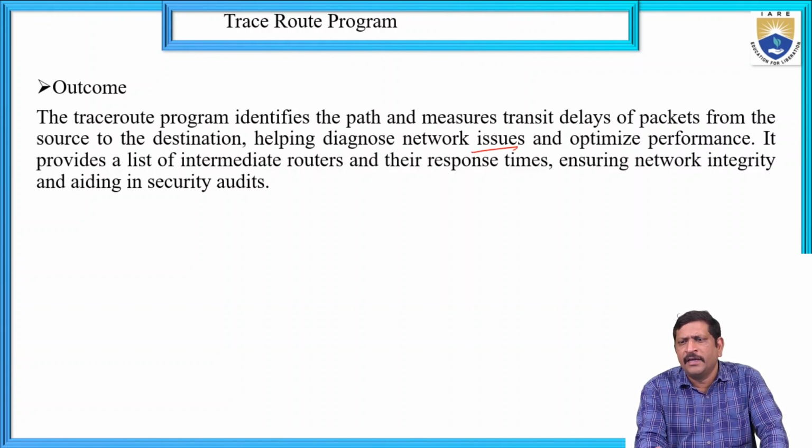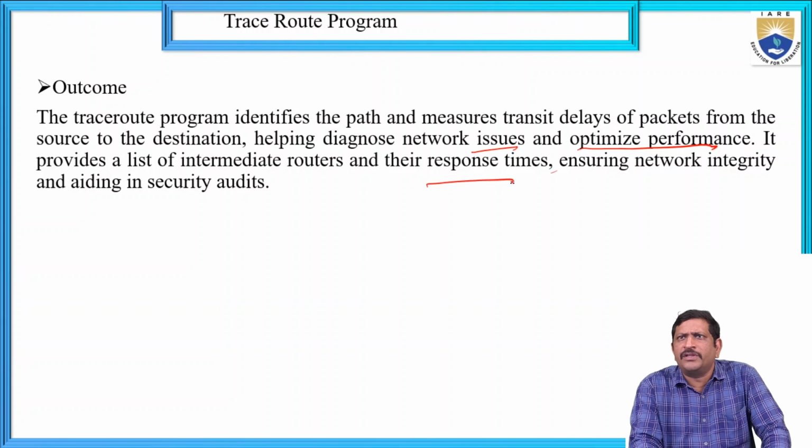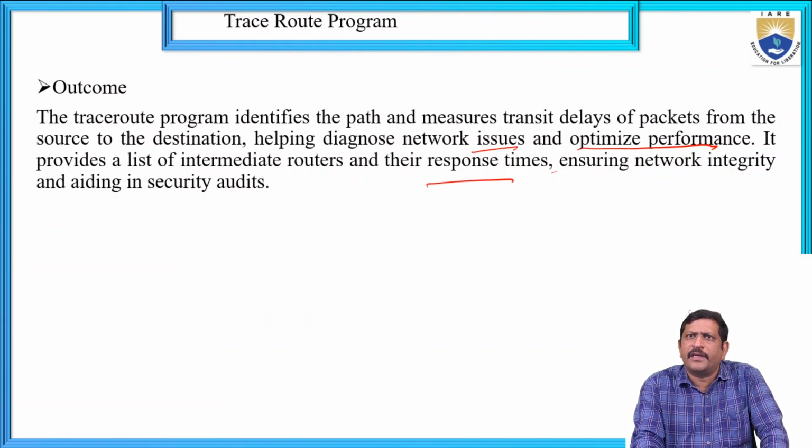It optimizes the performance of the network, whatever network device you are using, and provides a list of intermediate routers and their response times. It also ensures network integrity, and security audits can be done with the help of the traceroute program.